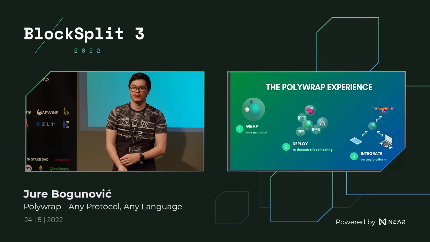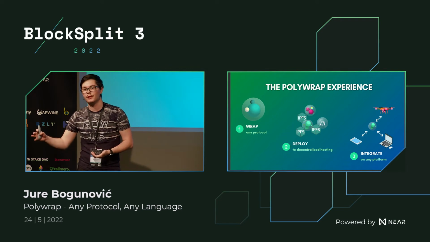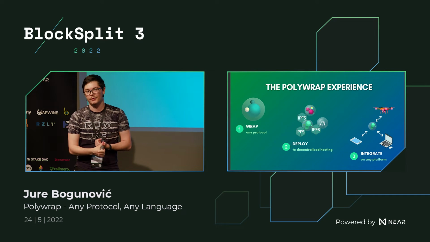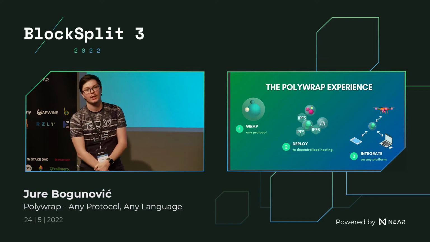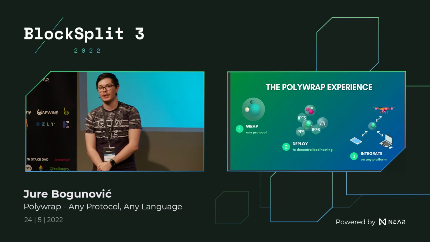This is how the Polywrap experience looks like. So this is the golden path of usage for Polywrap. You wrap any protocol. We use the term protocol, but that could be any kind of routine, any algorithm, any logic. You deploy it to decentralized storage solutions like IPFS or Arweave.